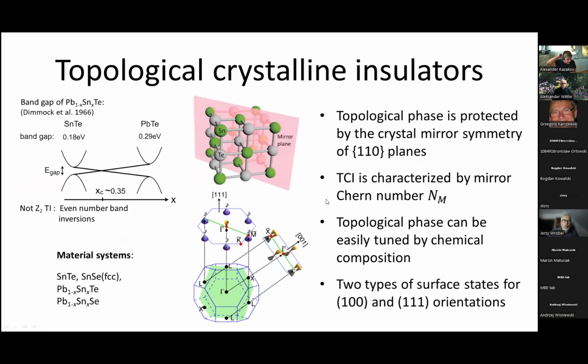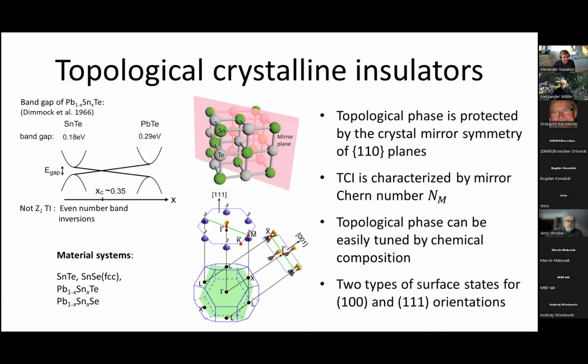However, quite soon it was realized that time reversal symmetry is not the only possible protection for such systems, and crystal symmetries can also be responsible for the topological protection. Materials where the crystal mirror symmetry was responsible for topological protection were called topological crystalline insulators.